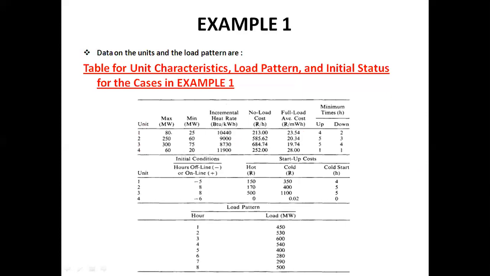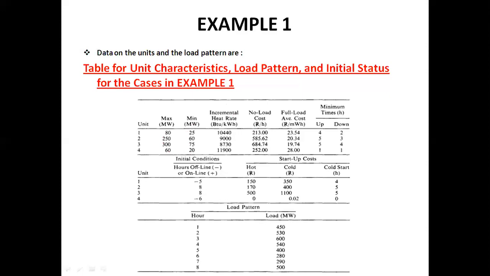Their maximum output in megawatts is 80, 250, 360 and minimum 25, 60, 75 and 20 for units 1, 2, 3 and 4.